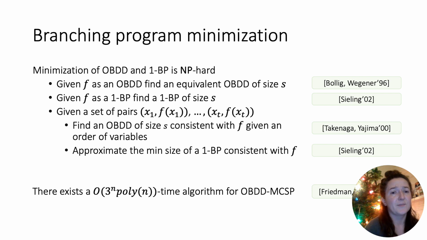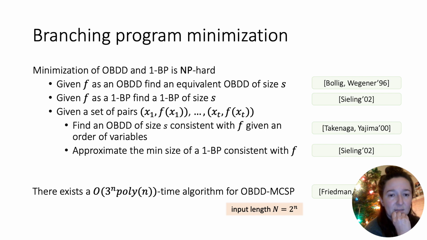On the bright side, if we are given a complete truth table of a total function, we have a polynomial time algorithm for checking whether there is an OBDD of size at most S that computes this function.